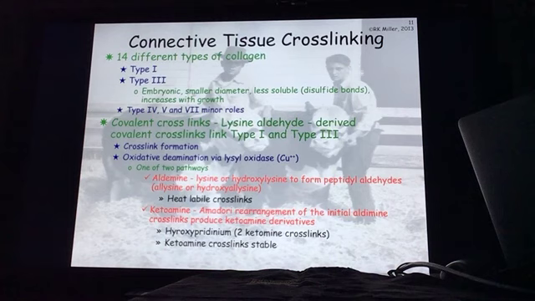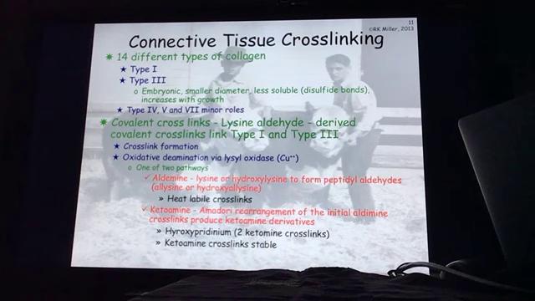It's smaller in diameter. It is less soluble because it has disulfide bonds, and as the animal grows embryonically, we see the type 3 getting replaced by the type 1. It makes sense if you're going to build an animal embryonically, you want something tougher and smaller that's going to provide structural support, and then type 1 kicks in and starts to dominate.